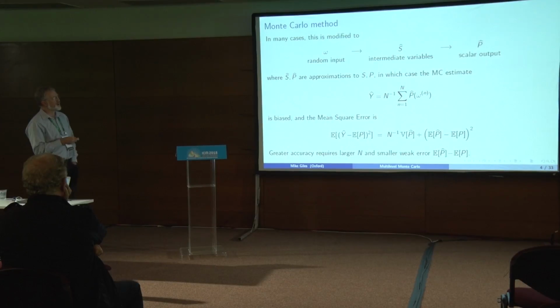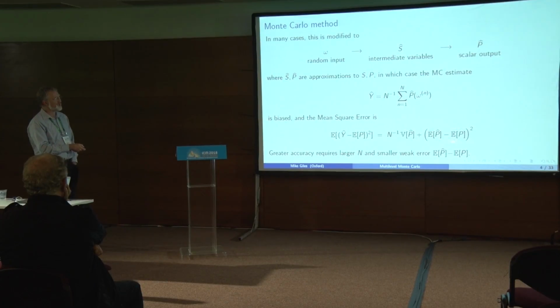And so instead, we're generating these approximate intermediate variables S hat, and from those deriving an approximate output quantity of interest P hat. The Monte Carlo estimate is, again, just an average of n independent outputs. But now the mean square error has a decomposition into a term as before, which is 1 over the number of samples times the variance of P hat.